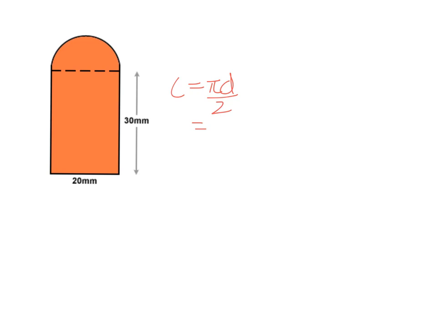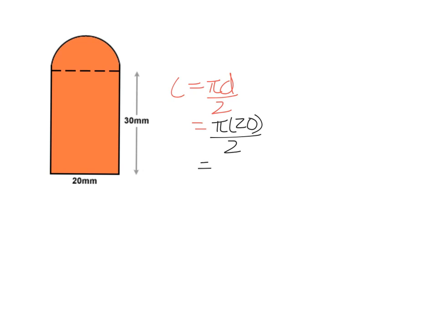Okay, and we know from here that the diameter is 20 millimeters. So I can substitute in and I get pi 20 divided by 2.